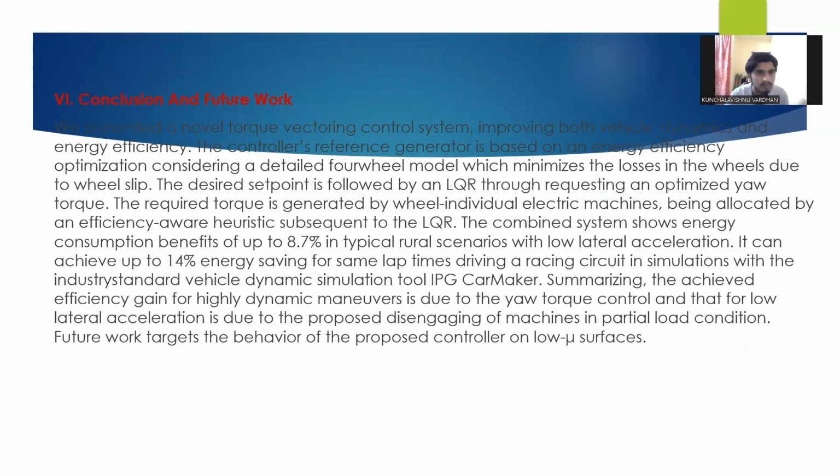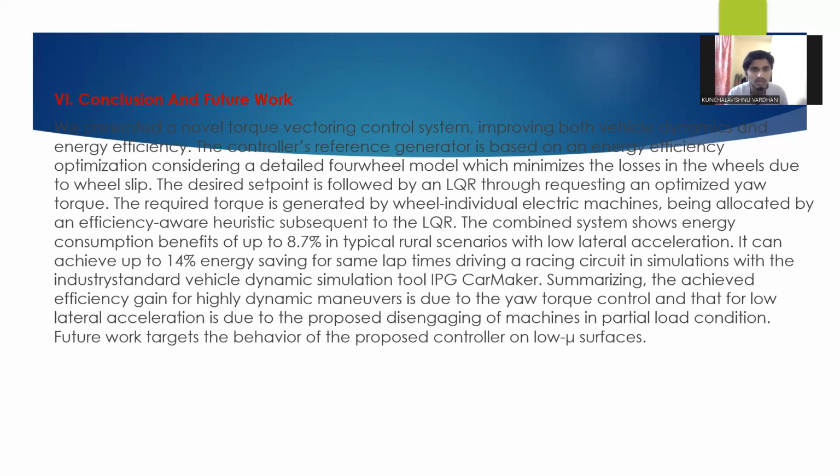Conclusion: we presented an overall torque vectoring control system improving both vehicle dynamics and energy efficiency. The controller's reference generator is based on energy efficiency optimization considering a detailed four-wheel model, which minimizes the losses in the wheels due to wheel slip. The desired set point is followed by an LQR through requesting an optimized yaw torque.